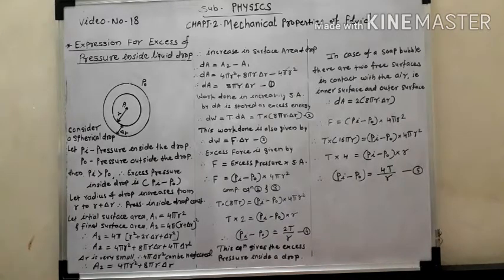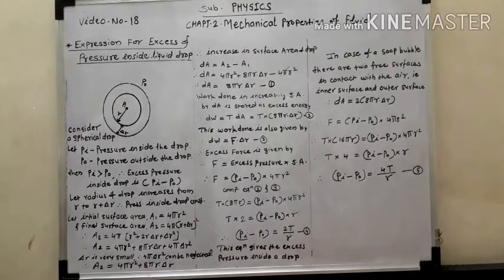We know that forces always try to minimize the surface area of the liquid. A bubble or drop does not collapse because the resultant of the external pressure and the force of surface tension is smaller than the pressure inside the bubble or the liquid drop.